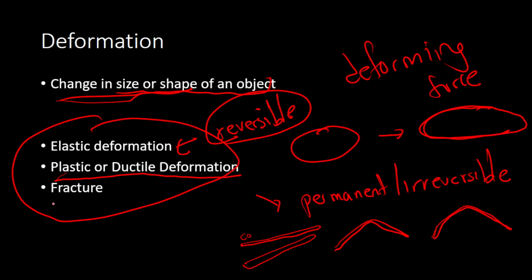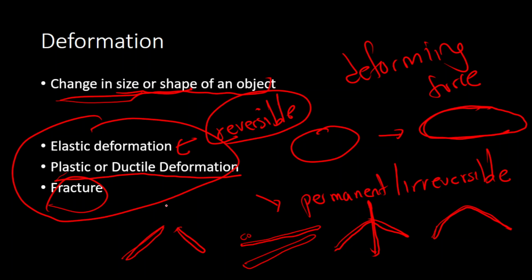And then the last one we have is fracture. So this is just a break. Let's say we bend this piece of wire to the extent that it has broken. So we have two pieces of wire now. One, two. So this is fracture.